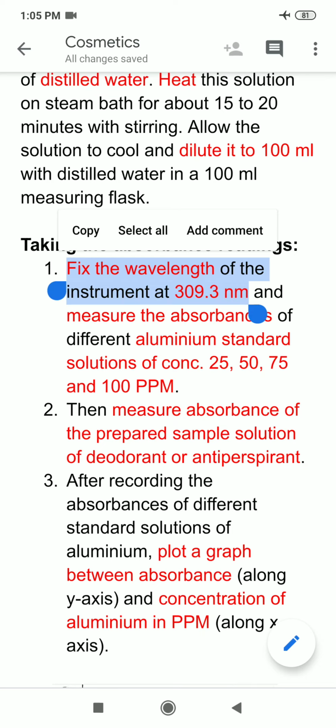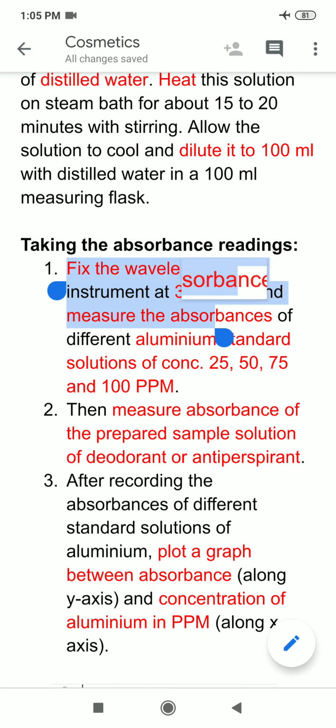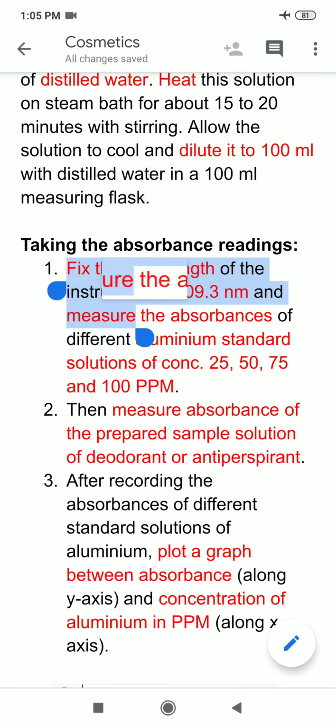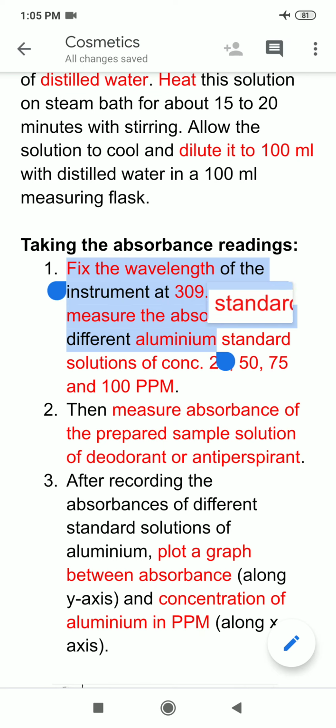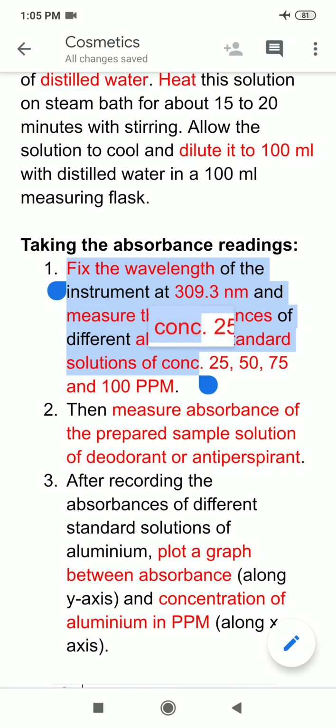This is the standard wavelength for aluminium, or I can say that aluminium absorbs at this wavelength. Now we will measure the absorbances of different standard solutions of aluminium.